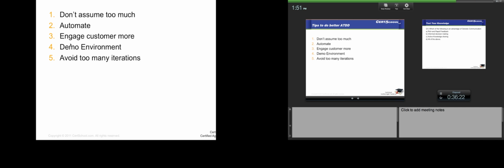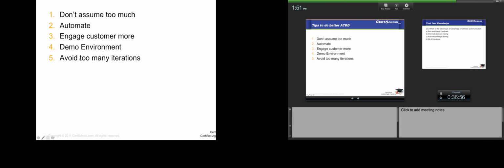You have to agree that there are assumptions that will be needed. We have to take assumptions. When you assume, make sure that you validate those assumptions with the product owner or the customer or whoever is the subject matter expert. So don't just take assumptions without validating them.